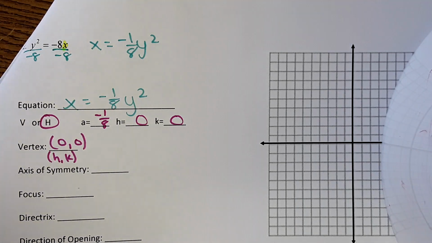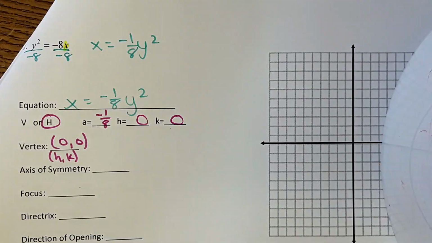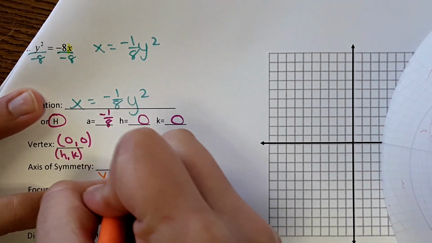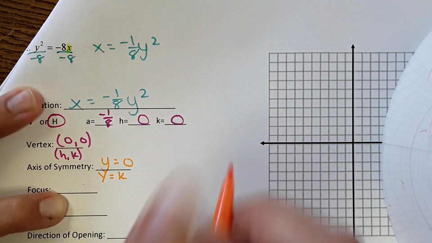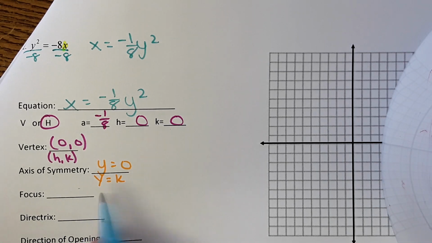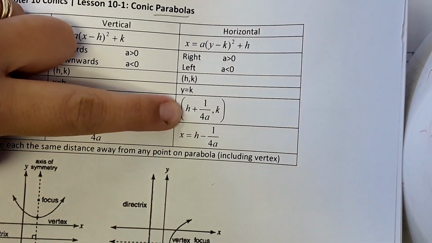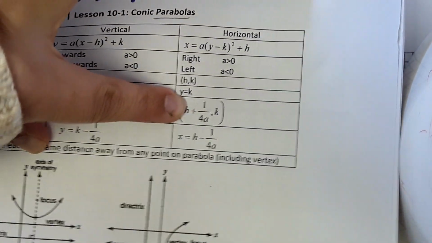Then axis of symmetry, like I said, I'm literally just looking at the chart, y equals k. So y equals 0. This time I'm looking at the horizontal column though. And then for focus, it's this.